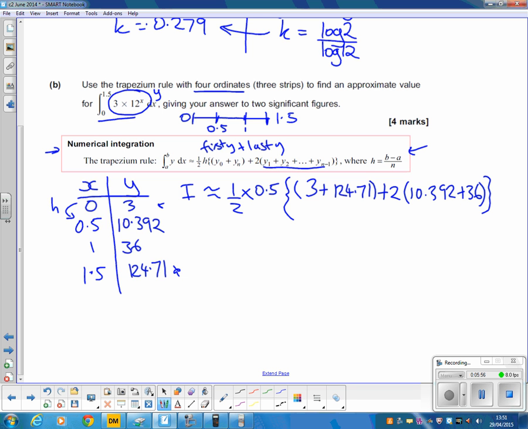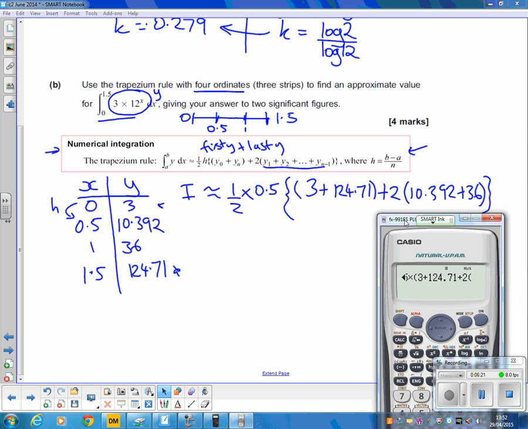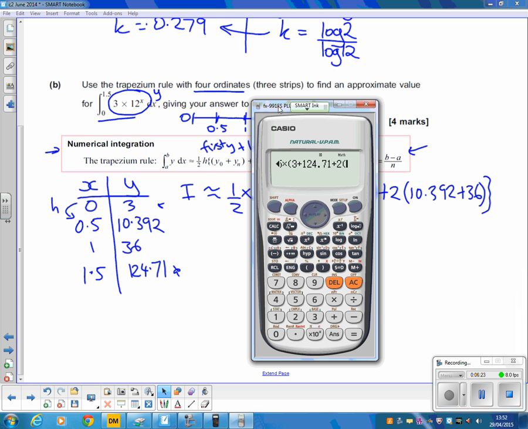Okay. And then all we need to do is go back to the first mode in our calculator and type all of this in. So I've got a half times a half times 3 plus 124.71 plus 2 times, and this one the brackets are important, 10.392 plus 36.